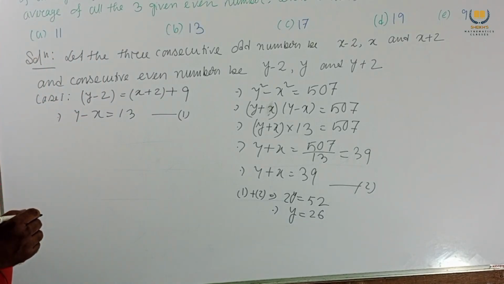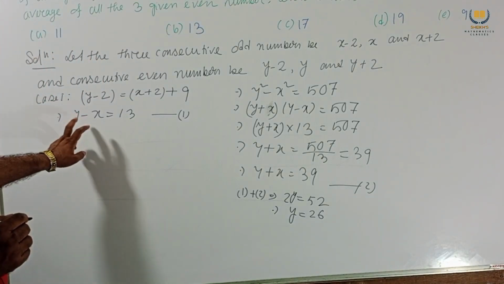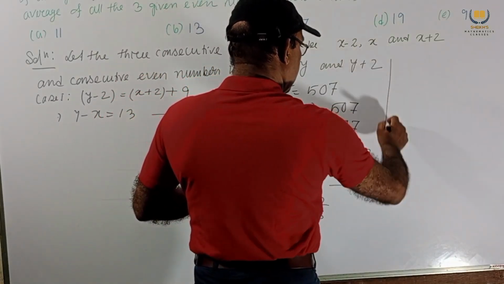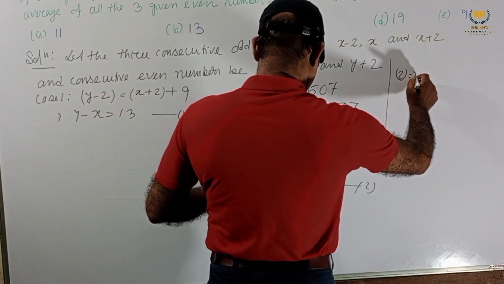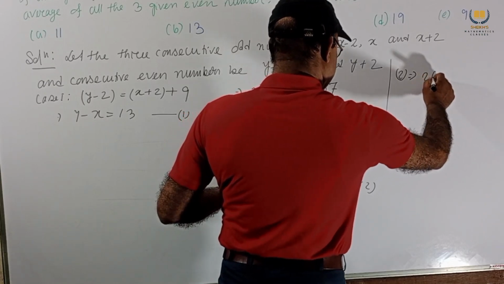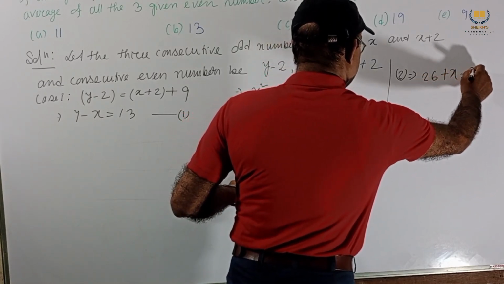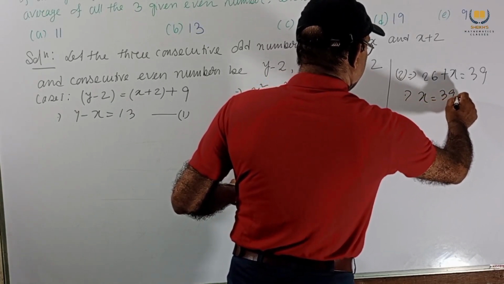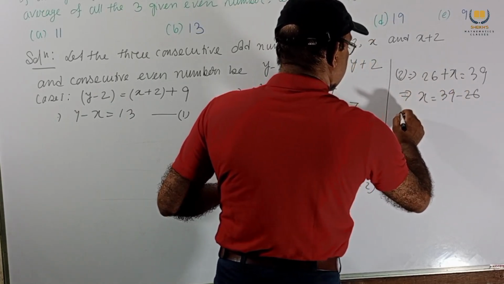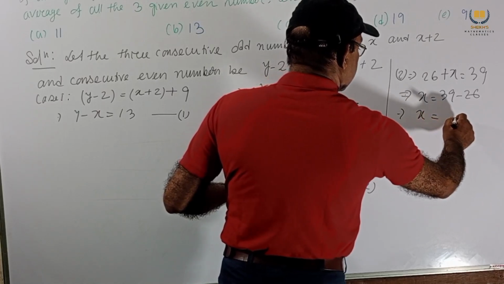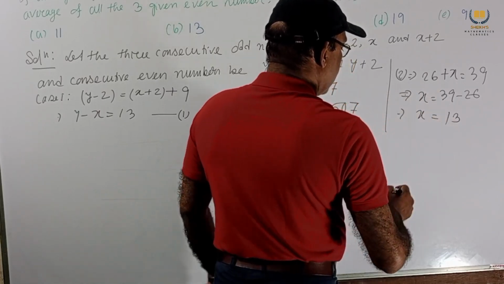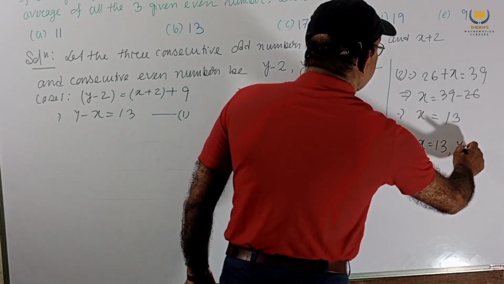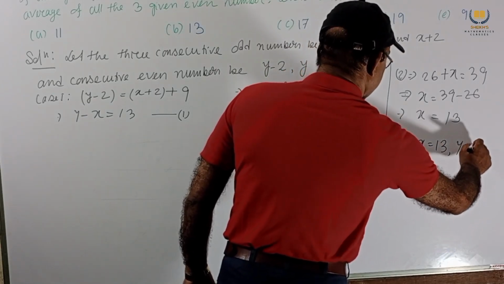The value of y is 26. Putting the value of y in equation 2: 26 plus x equals 39, so x equals 39 minus 26, which is 13. Therefore x equals 13 and y equals 26.